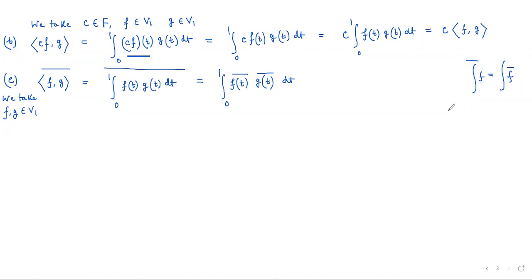I have applied this rule over here, and now we can interchange these two items, because they are continuous functions. And since they are real valued, g(t) bar will simply be g(t), and f(t) bar will simply be f(t), dt, and that would be equal to the inner product of g and f.